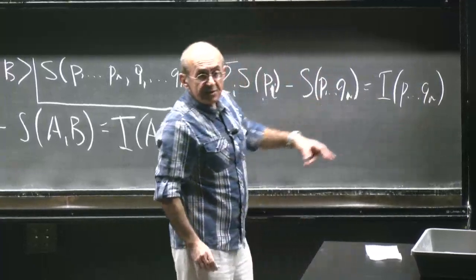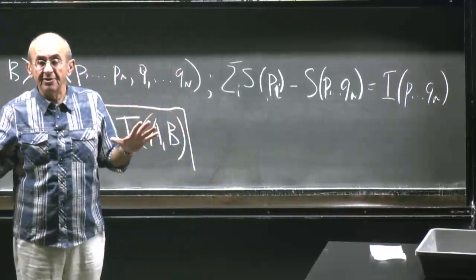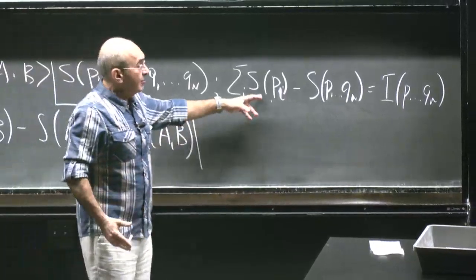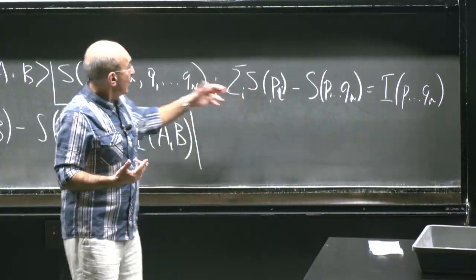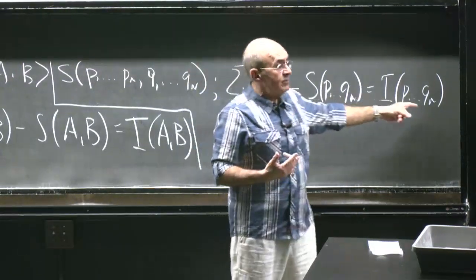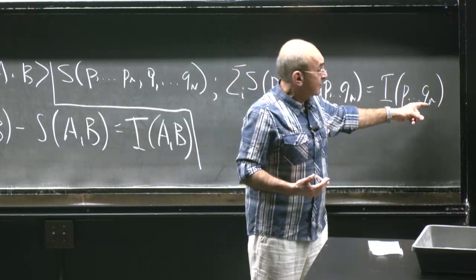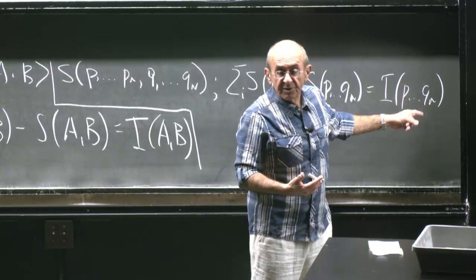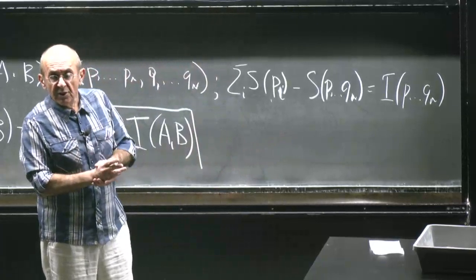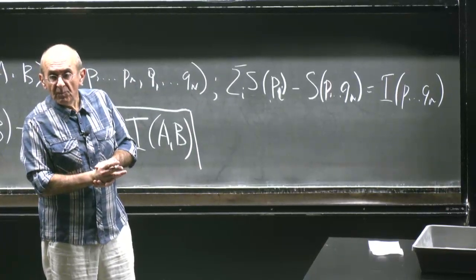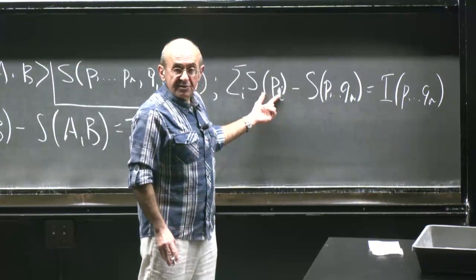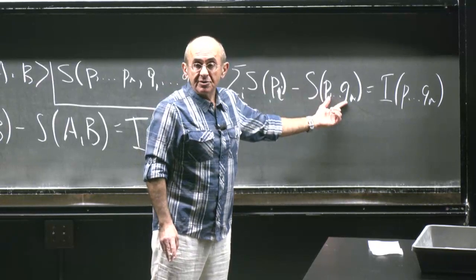And this is precisely what happens when you start from an uncorrelated state and let the particles interact: the single-particle entropies grow, the total entropy stays, and the correlation between them increases. So in a sense, this is the new way of looking at the second law of thermodynamics: not saying that those quantities are growing, but saying that those quantities are conserved.